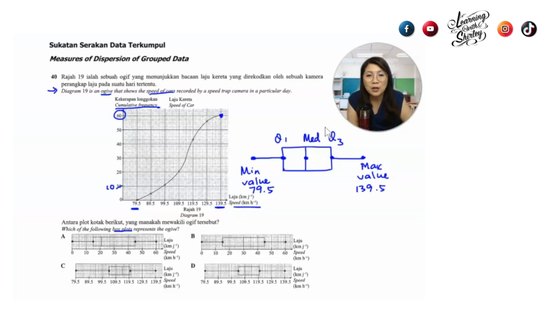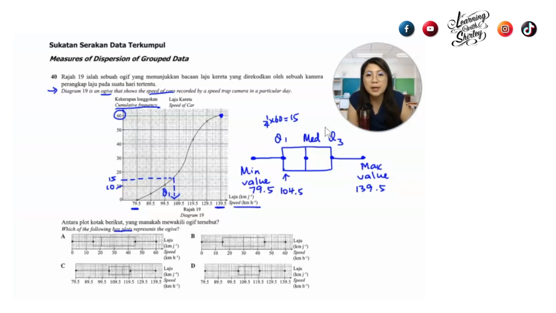To find the Q1, we're going to use 1/4 of 60, which is 15. Where is 15? 15 is here. But this is not the answer for Q1. We have to draw dotted lines until it touches the ogive, then we go down. This is our value of Q1.